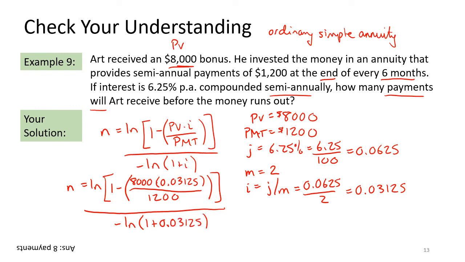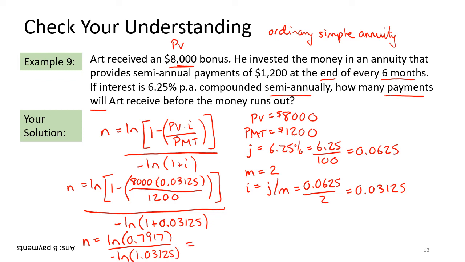Again, if you place these numbers in your calculator correctly, you'll get n is equal to the ln of 0.7917 divided by the negative ln of 1.03125.